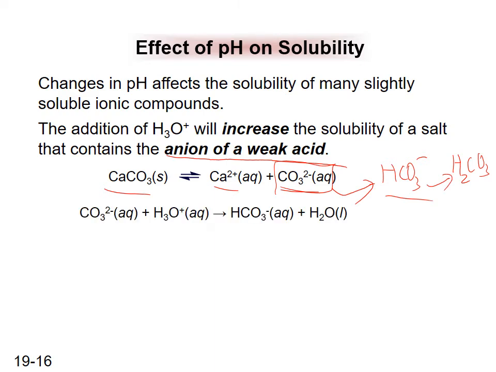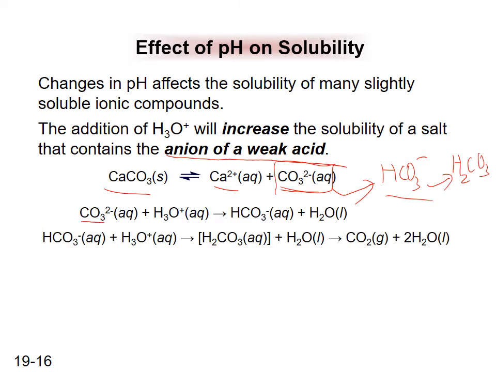And here are the two reactions. You can see carbonate reacts with hydronium ion, going back to the weak acid bicarbonate. Bicarbonate reacts with hydronium ion, going back to carbonic acid. Now note that carbonate is a product of this dissolution reaction. When hydronium ion is added, it reacts with the product, so it removes the product.